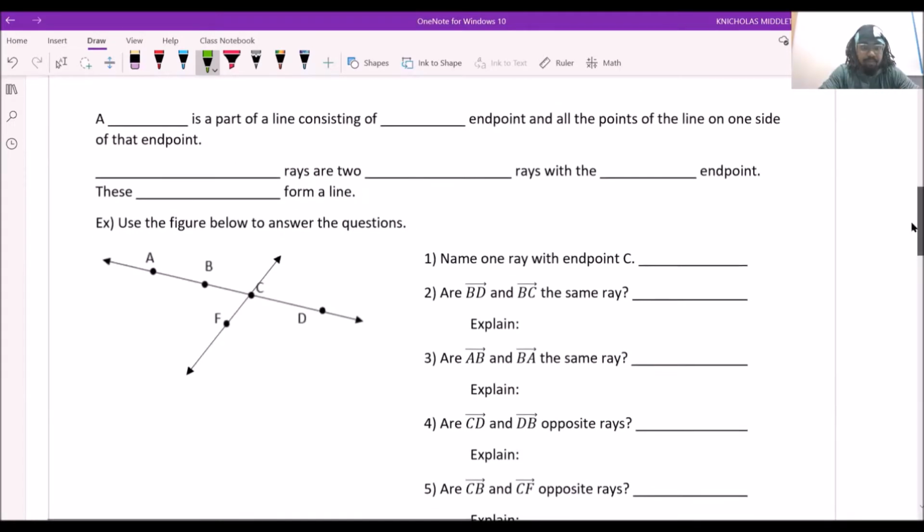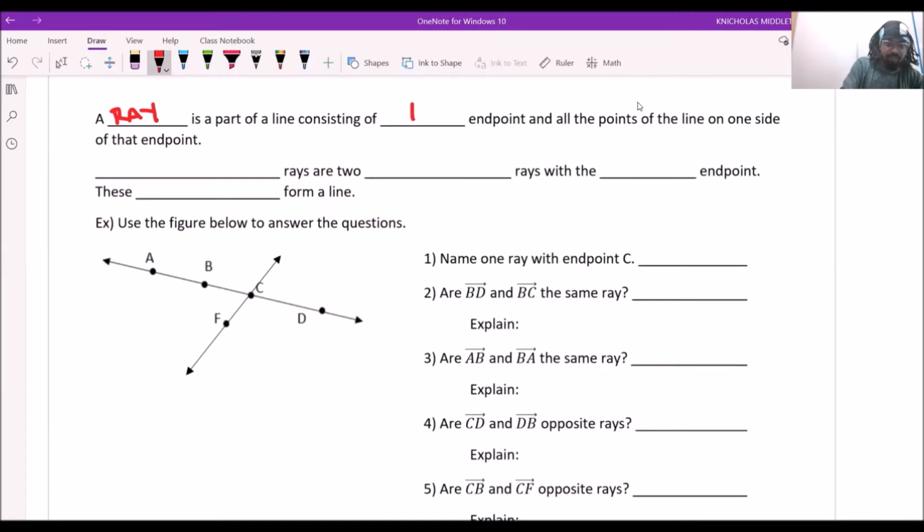Okay, let's define something else. A ray is a part of a line consisting of one endpoint and all the points of the line on one side of that endpoint.